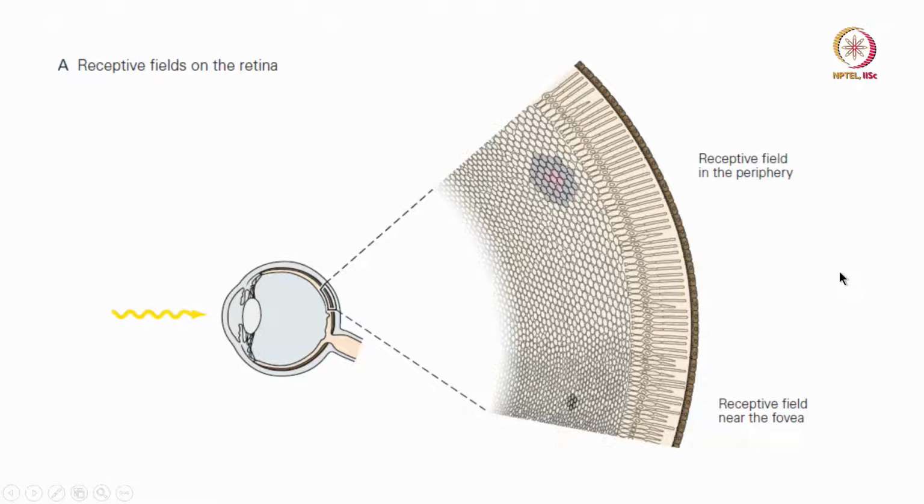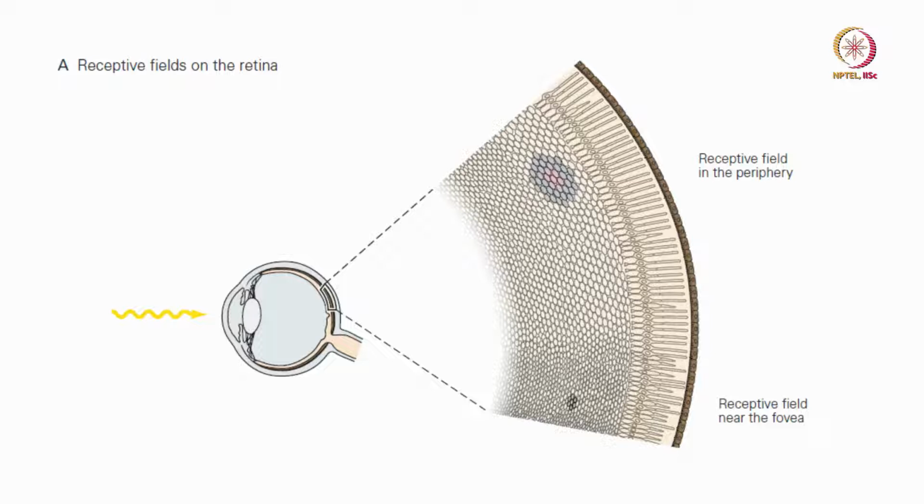So, this is something. Now, I spoke about the idea of multiple receptors converging onto a single ganglion cell. So, the fidelity of transmission obviously depends upon the number of receptors converging into one ganglion cell.